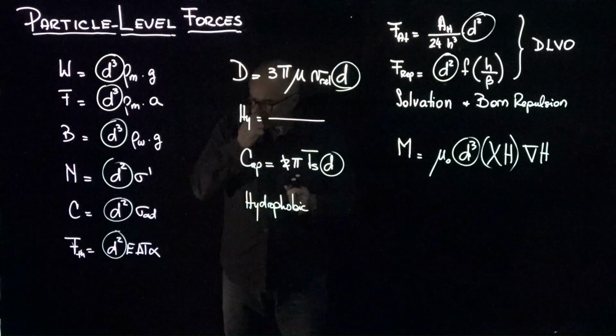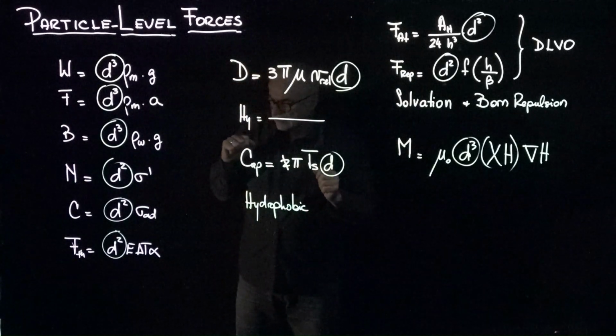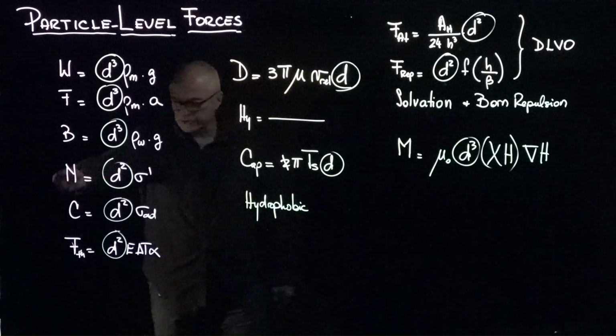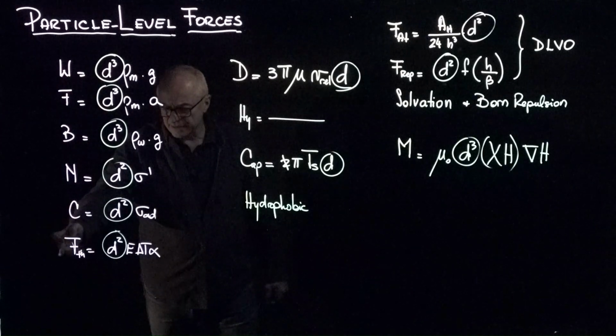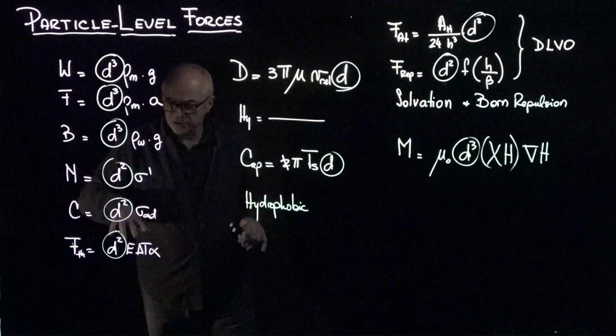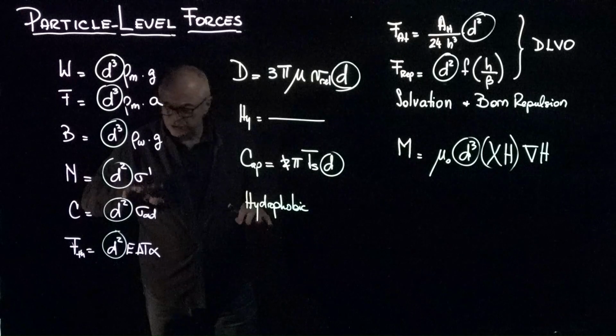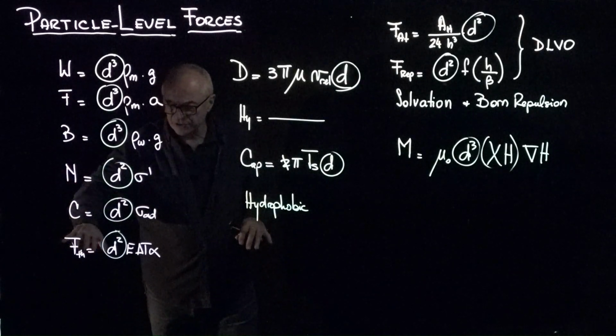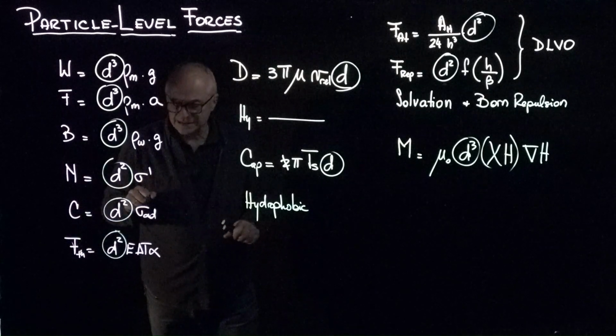Meaning the following. For example, if I compare the skeletal force with the thermal force, if I do the ratio, that ratio to see who wins, the skeletal force or the thermoelastic force, means that the d squared cancels out.